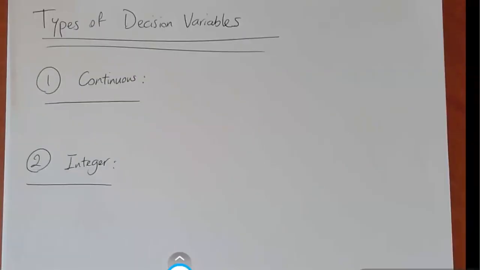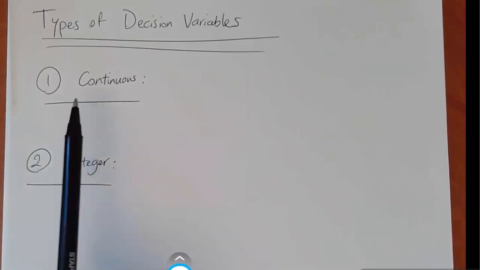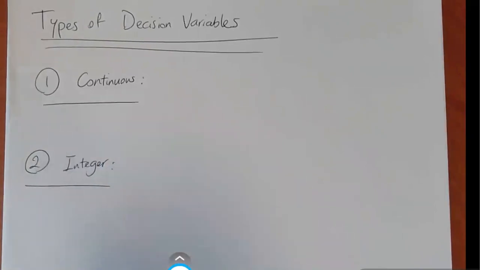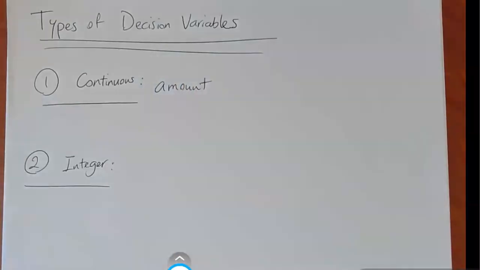So continuous variables are usually the ones that can take on decimal values, and examples of that can be when we're talking about the amount of something.